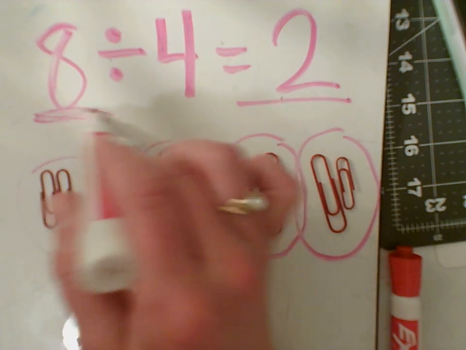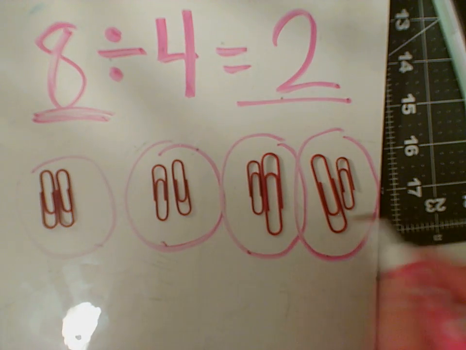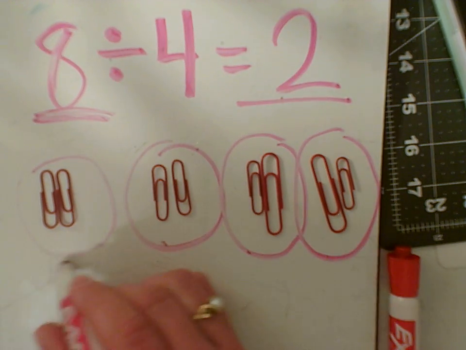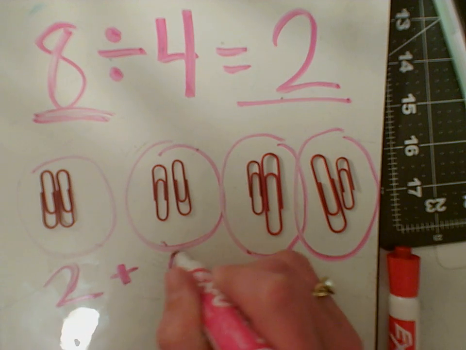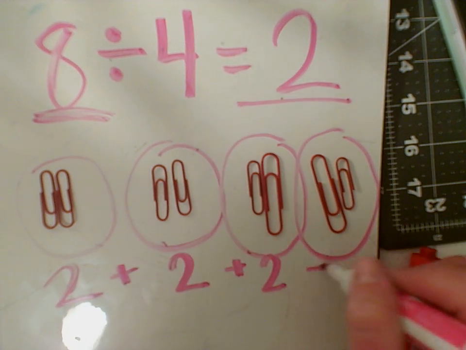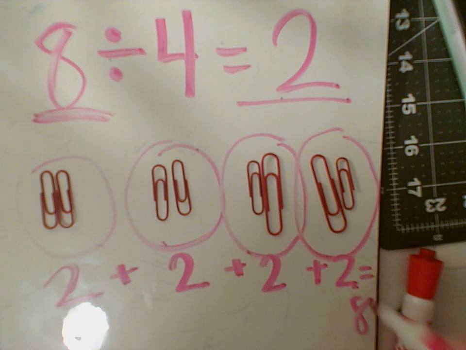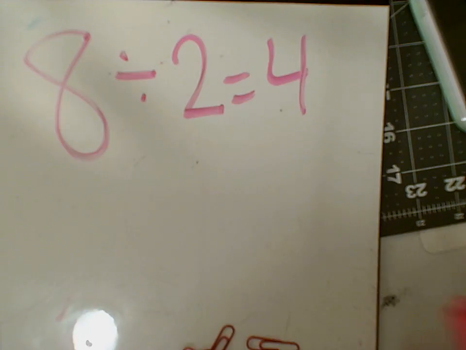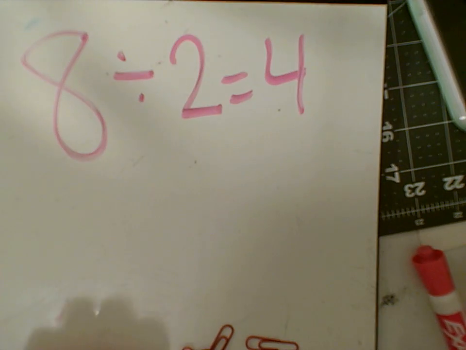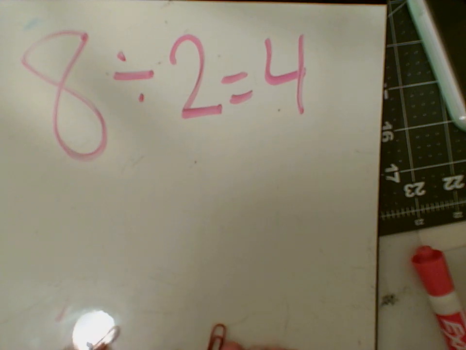And I get the whole number by counting them or adding them all together, like this. 2 plus 2 plus 2 plus 2. 2, 4, 6, 8. This is a way we can double check our work. All right, let's try another problem. Let's flip-flop these two numbers now. Let's do 8 divided by 2 equals 4.